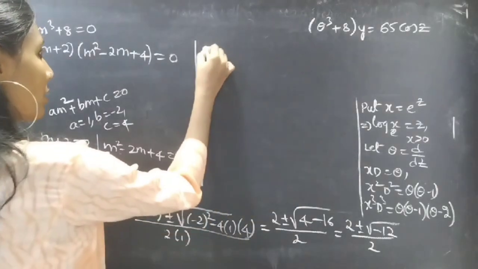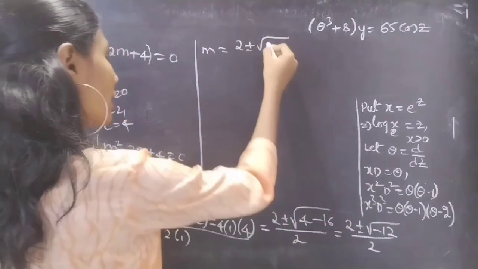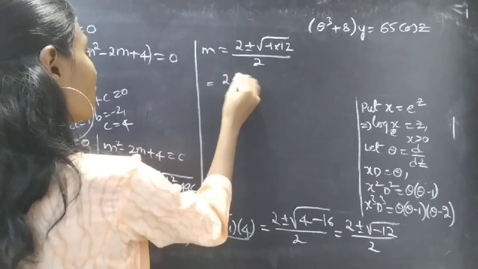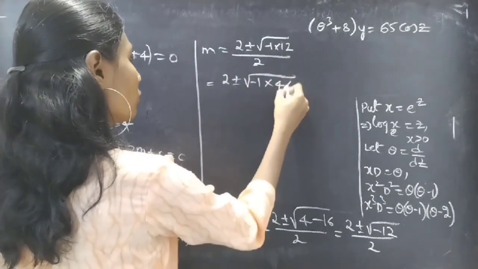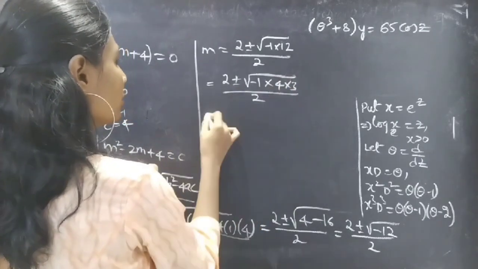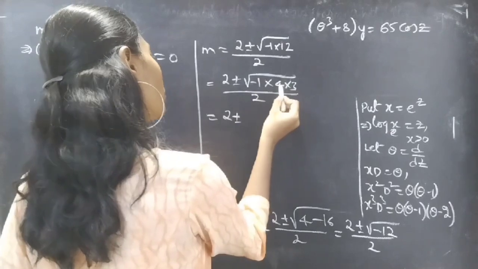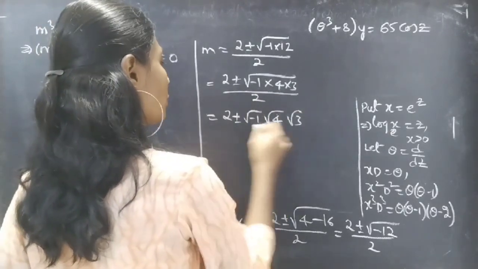Now we can write this as 2 plus or minus the square root of minus 1 into 12, by 2. We can write 12 as 4 into 3. Now write the square root of (-1 · 4 · 3) as square root of minus 1 into square root of 4 into square root of 3.